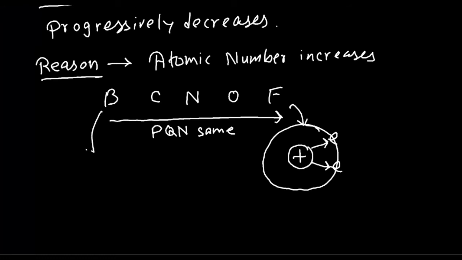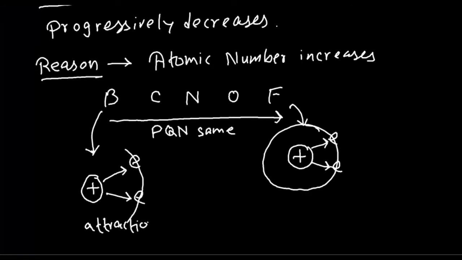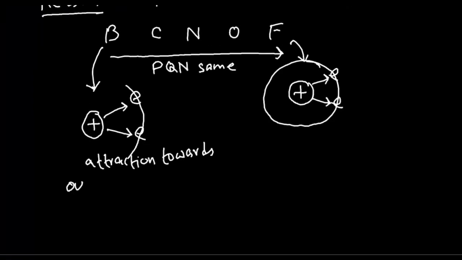While for boron, the number of protons is less, so it will not be able to attract the outermost electrons to the extent that fluorine does. So for boron, the attraction towards the outermost electron is less, due to the lesser number of protons.